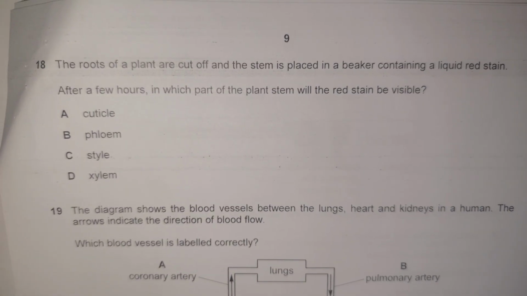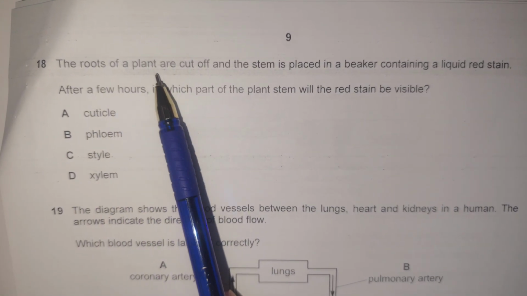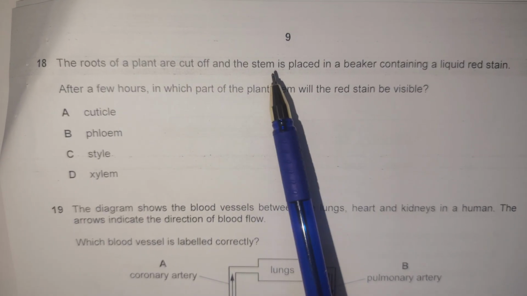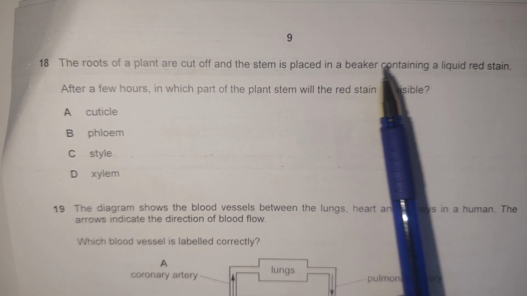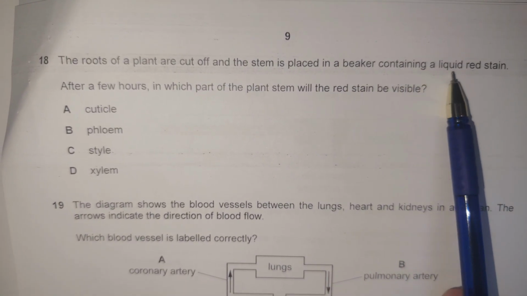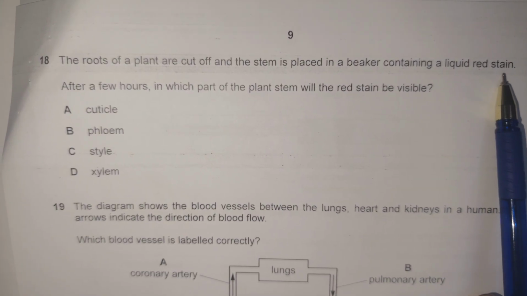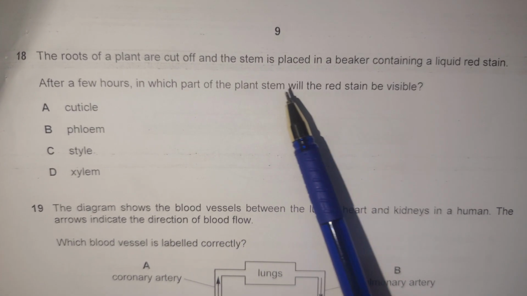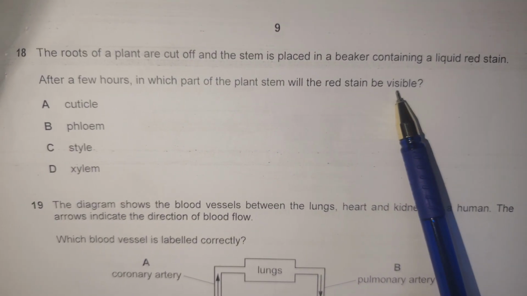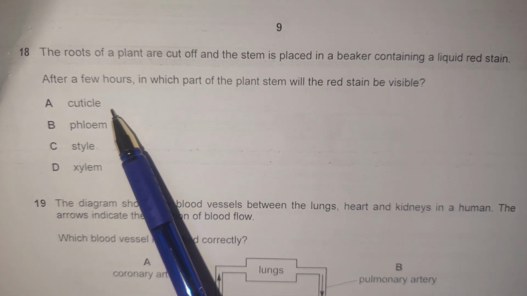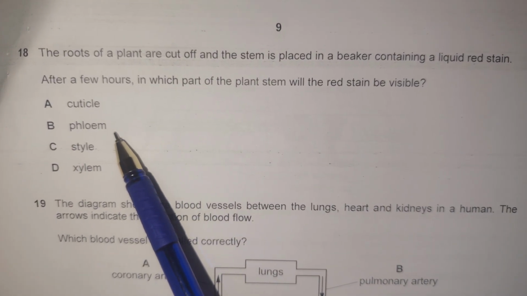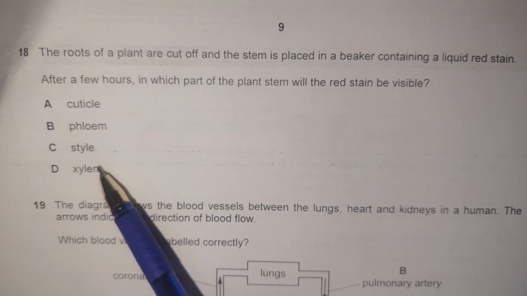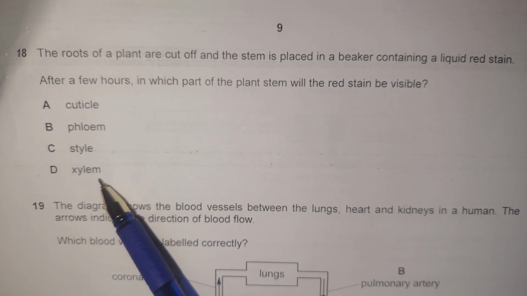Question number 18. The roots of a plant are cut off and the stem is placed in a beaker containing a liquid red stain. After a few hours, in which part of the plant stem will the red stain be visible? Whether it will be cuticle or phloem or style or xylem.